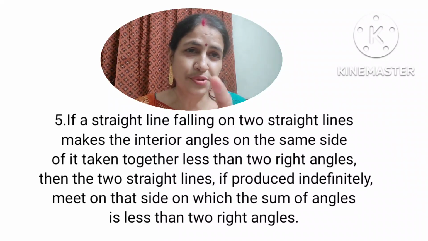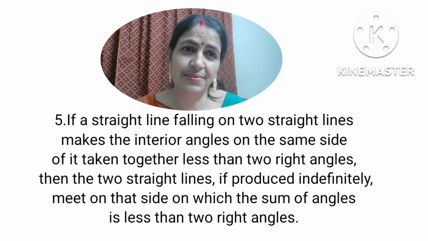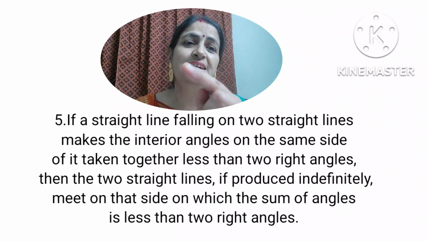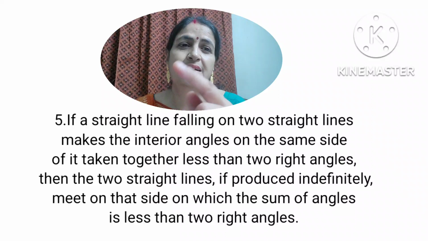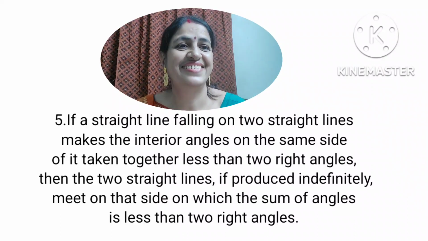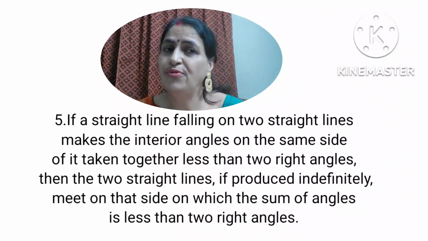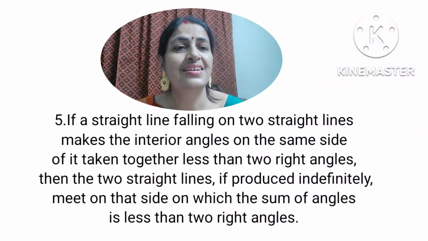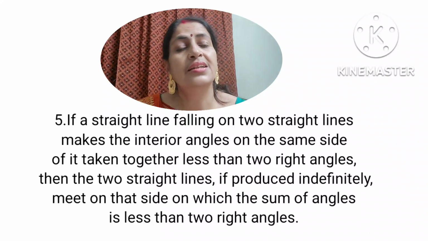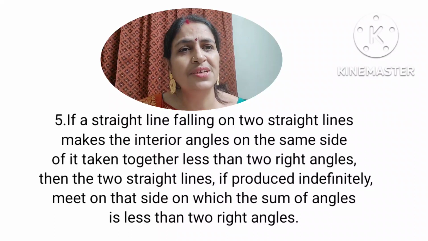That means one straight line cuts these two straight lines, then the interior angles on the same side taken together are less than two right angles. Two right angles means 180, 90 plus 90.